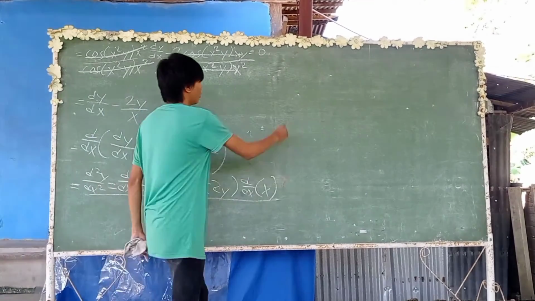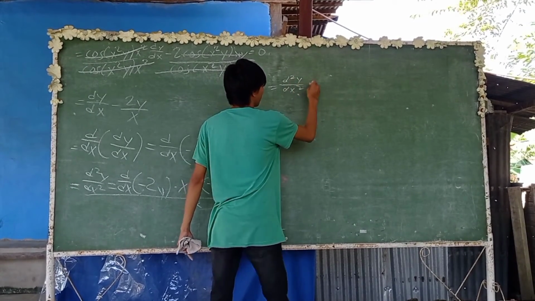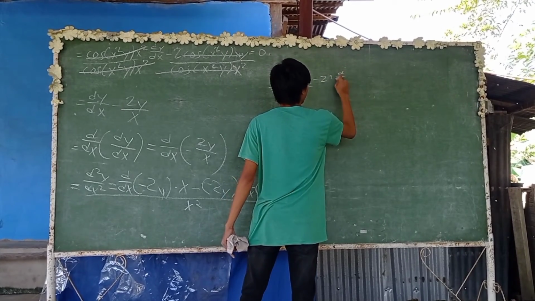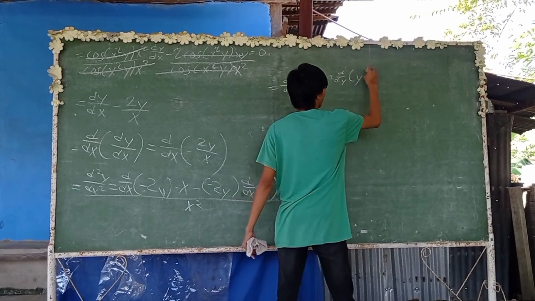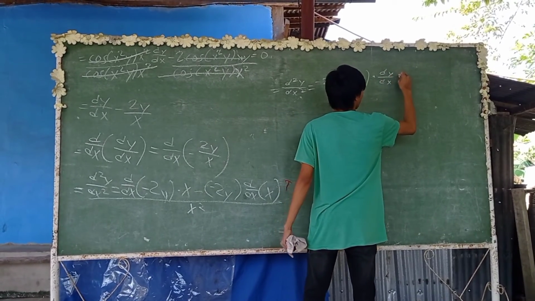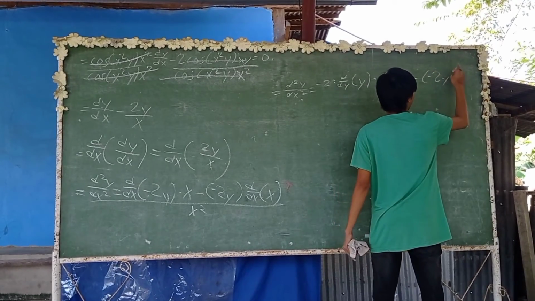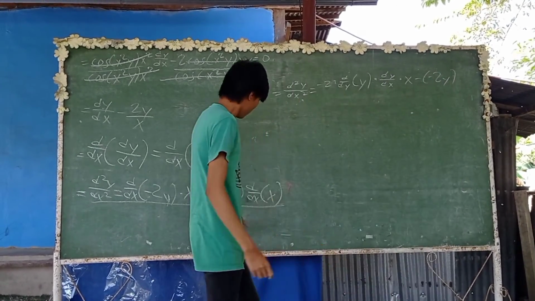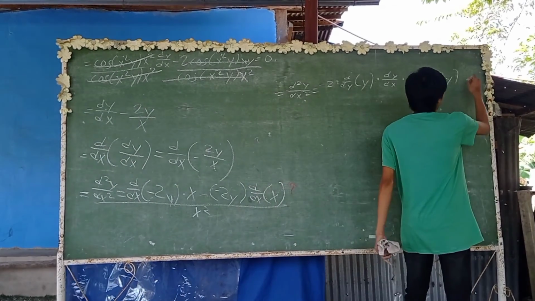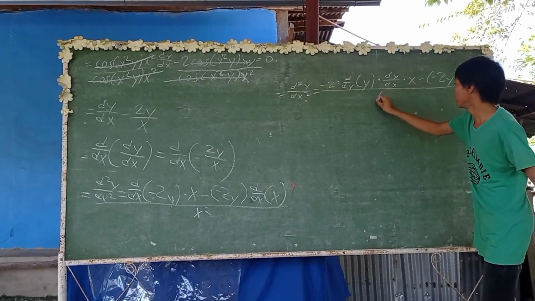So d squared y over dx squared is equal to negative 2 times d over dy of y times dy over dx times x, minus negative 2y. Then the derivative of x is 1, over x squared.